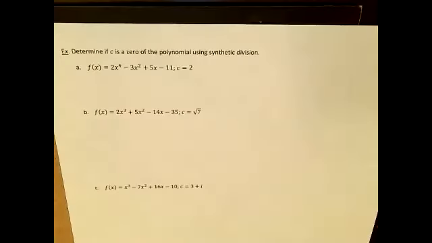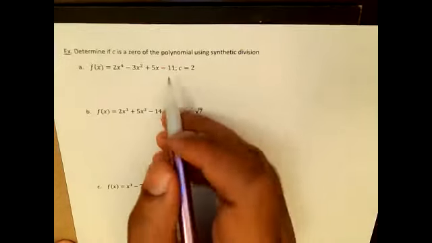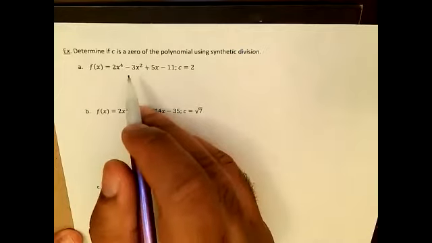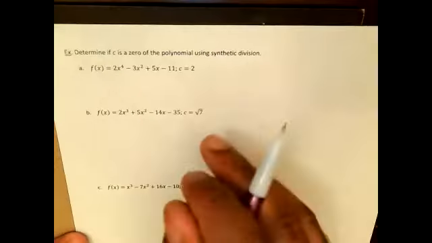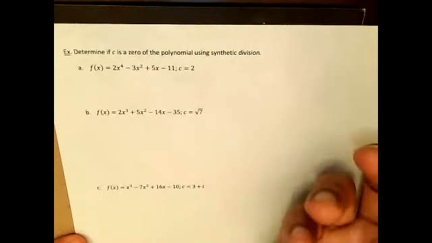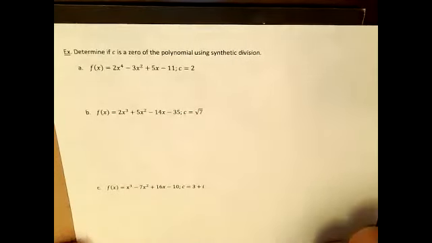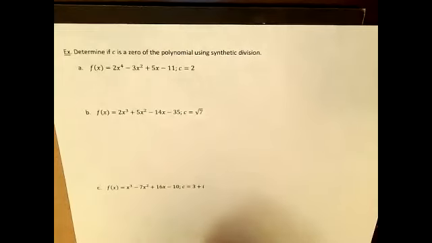Now, if you recall from the previous section, we had discussed what a 0 for the polynomial is. So the 0 is basically the x-intercept on the graph of the polynomial function. So one of the things we're going to relate to here is how when you do synthetic division, if you get a remainder of 0, what that tells you is that the number that you divided by is a 0 of your polynomial.